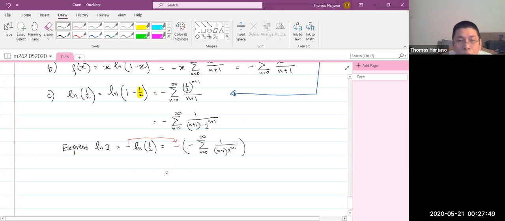When n equals 0, that's 1/2. Plus, when n equals 1, that's 1 over 2 times 2 squared, plus 1 over 3 times 2 to the power of 3, plus 1 over 4 times 2 to the power of 4, and so on and so forth.